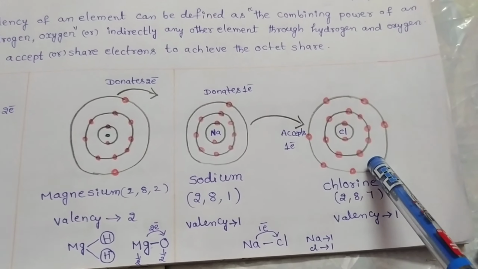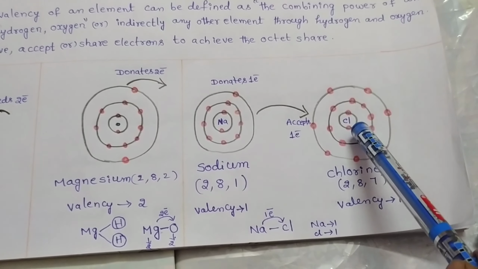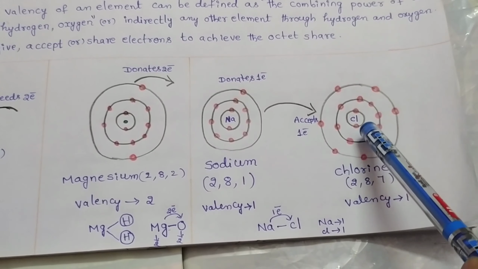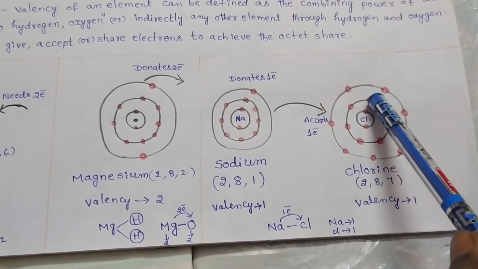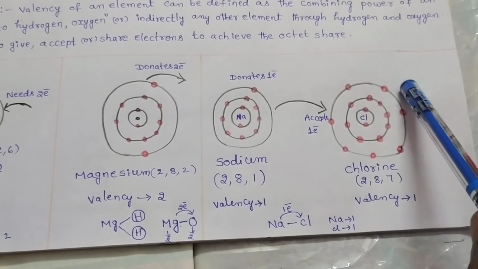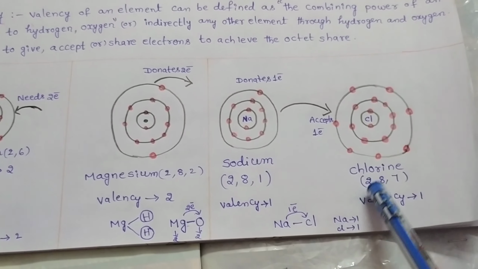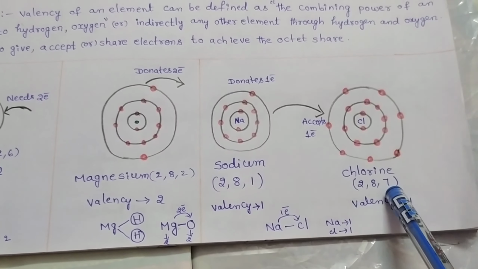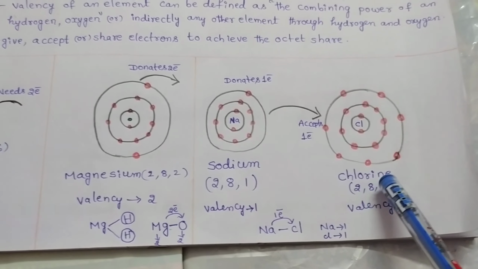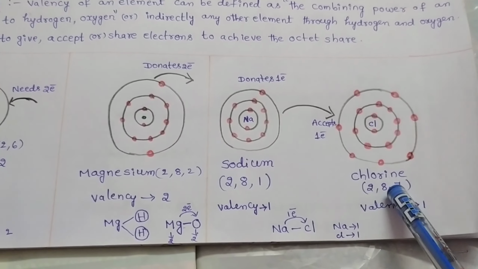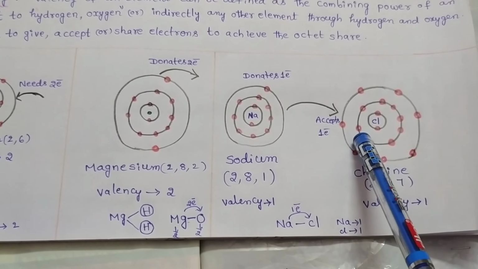Now you observe here the chlorine. The chlorine atom contains 17 electrons. The electronic configuration is 1s2, 2s2 2p6, 3s2 3p5. That means a 2-8-7 configuration. In order to get octet configuration, that means 8 electrons, this chlorine atom will gain 1 electron from this sodium atom.